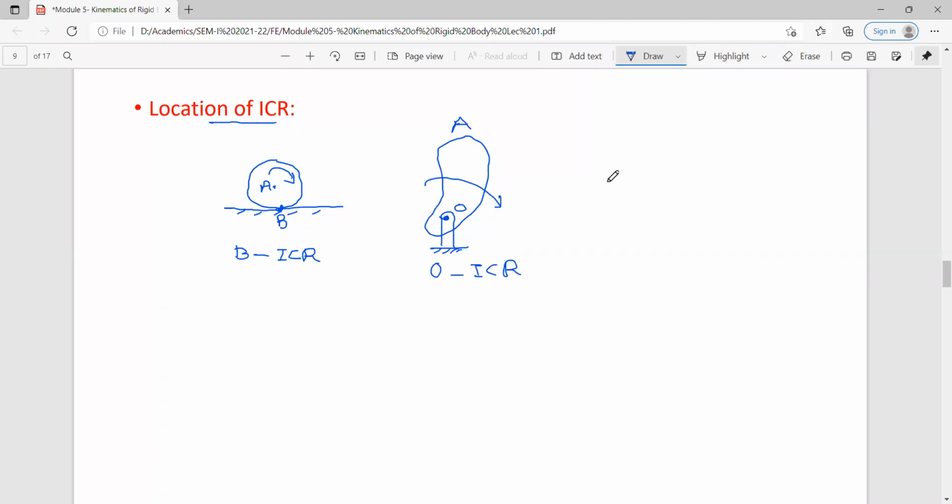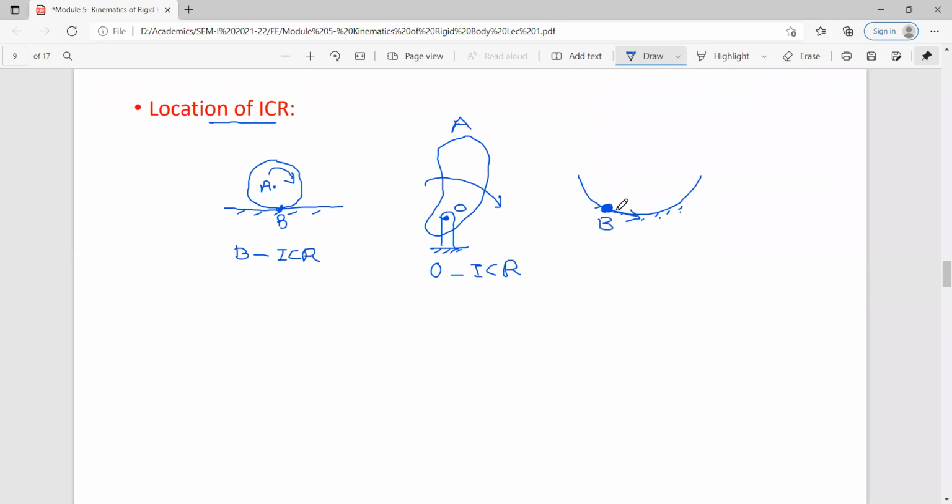Next, consider this case. It is a curved path like this, and on that path there is a certain point, or you can consider it as a car or a bus which is moving on this path. So can you tell me where is the ICR for this bus B? The bus is going on this curved path.